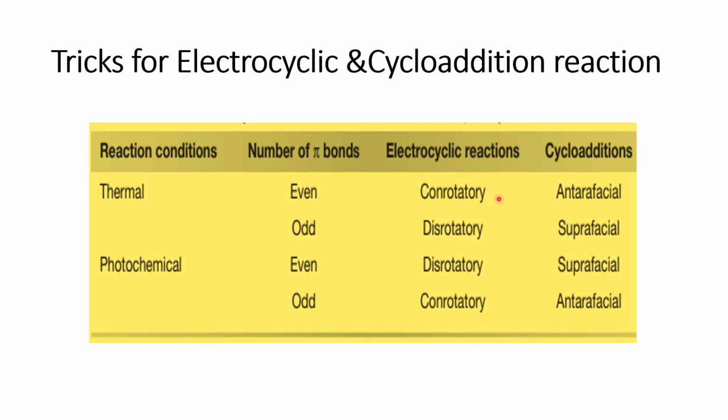CA, keep it as CA. Conrotation always means antarafacial. Disrotation always means suprafacial. If even is conrotation and antarafacial for thermal, then for photochemical it becomes disrotation and suprafacial, DS. So this is opposite to that. If you remember these two, you can easily do it.